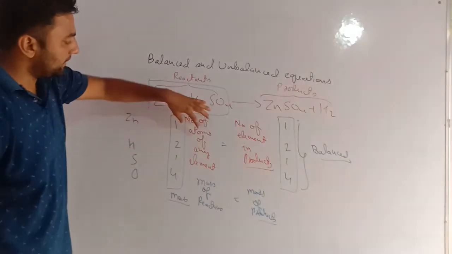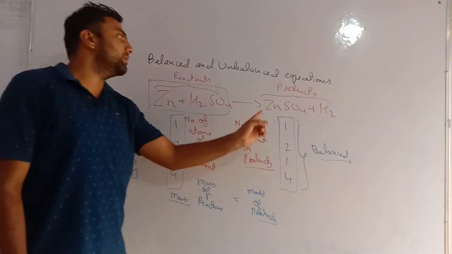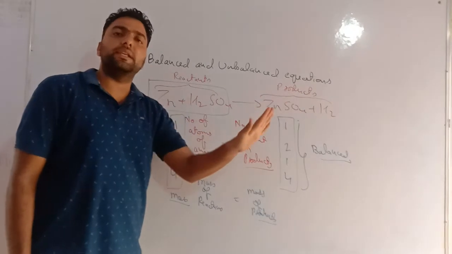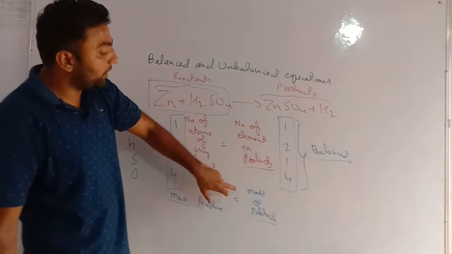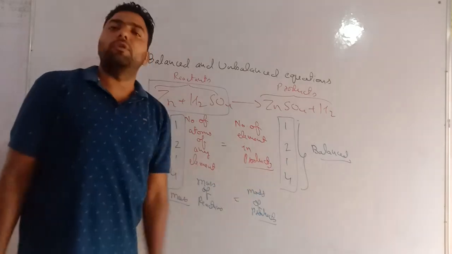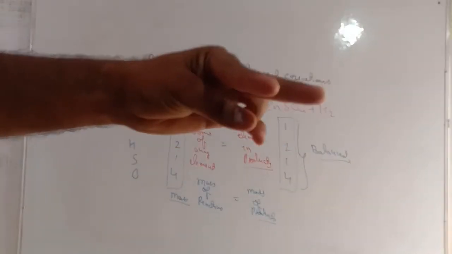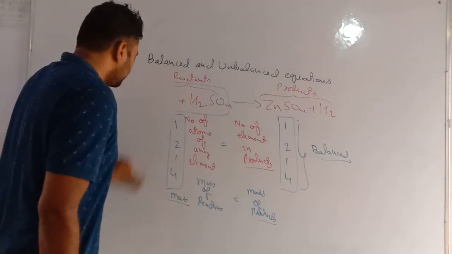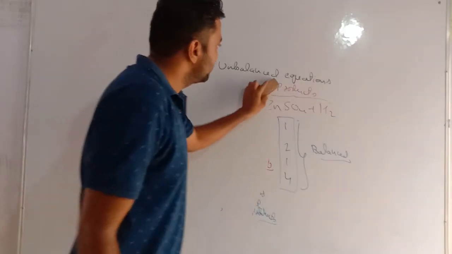If the number of atoms of any particular element on the reactant side is not equal to the number of atoms of that element in the products, then it is an unbalanced equation. Or we can say that the mass of reactants will not be equal to the mass of products. Balanced means both sides equal. Unbalanced means both sides unequal. Okay. Let's take an example.